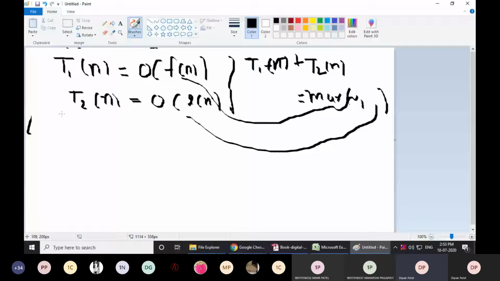So how to prove this? We know that T1(n) is equal to big O of f(n). That's why it is less than or equal to some constant C1 into f(n), according to the definition of big O notation. This is true.